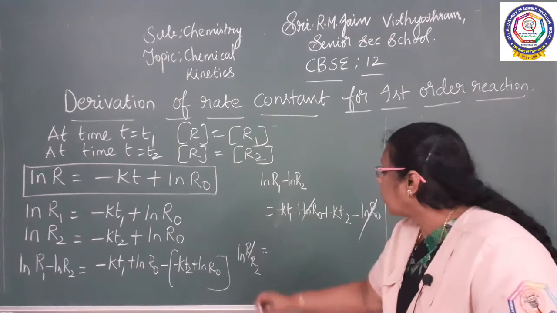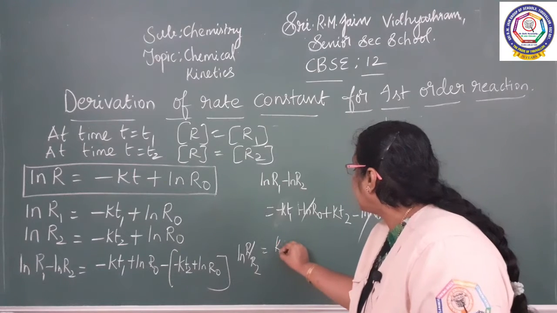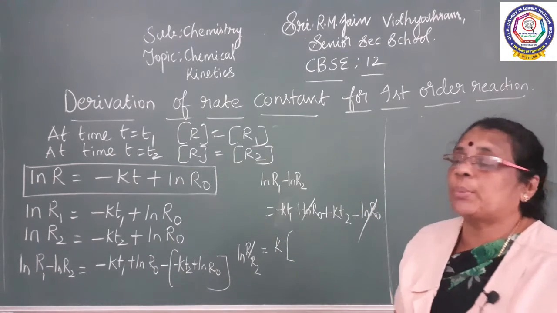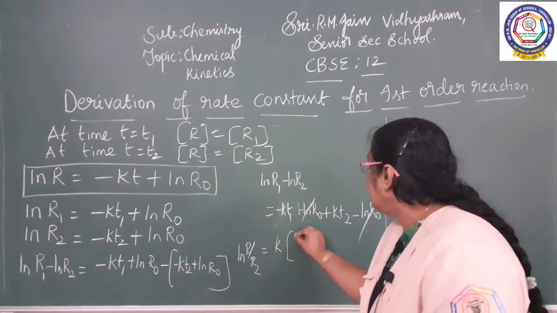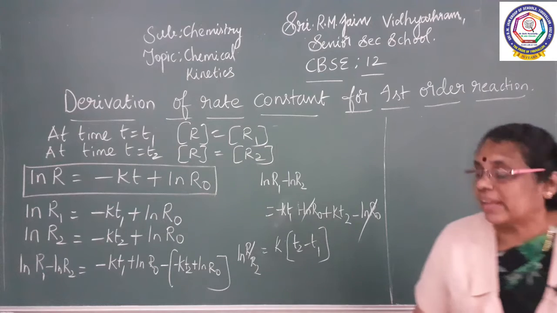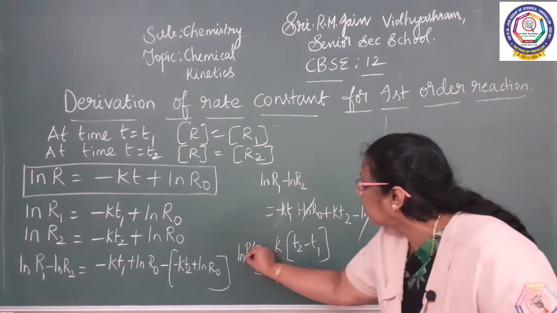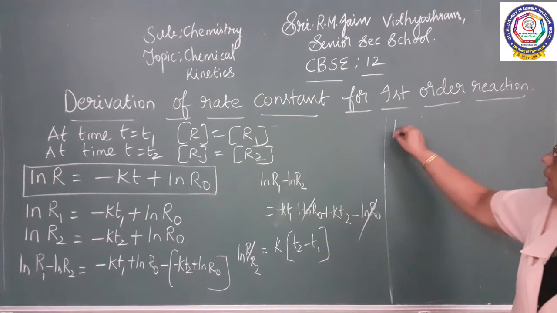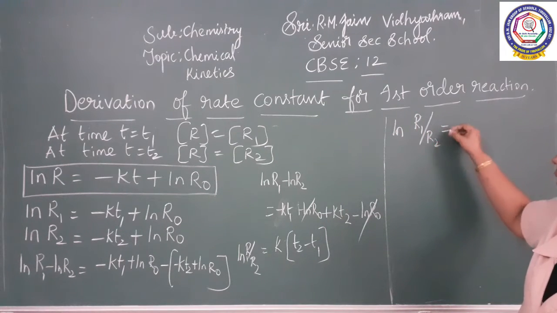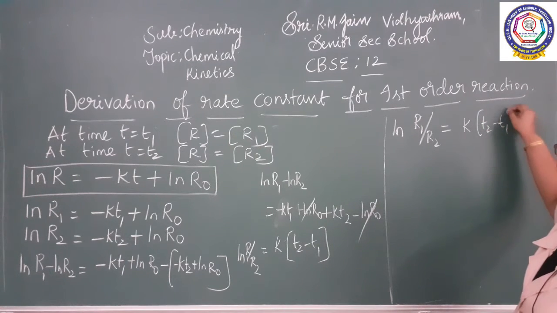So, ln R1 by R2 is equal to, what is that? K can be taken as a common term. I have taken it outside. K into T2 minus T1. So, ln R1 by R2 is equal to K into T2 minus T1.